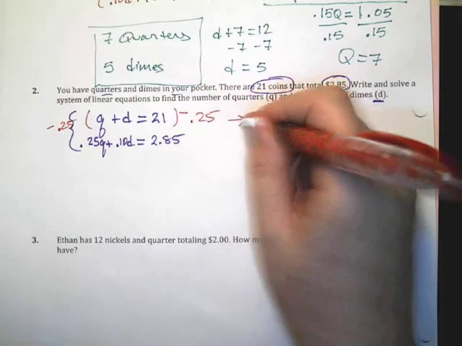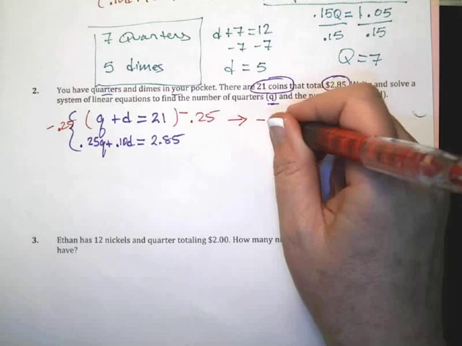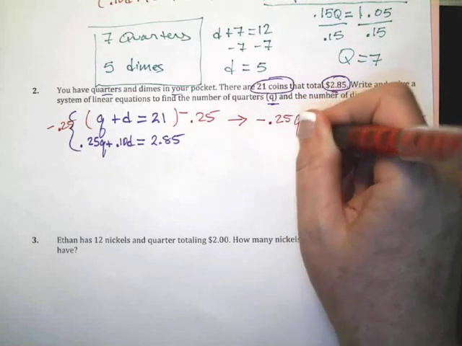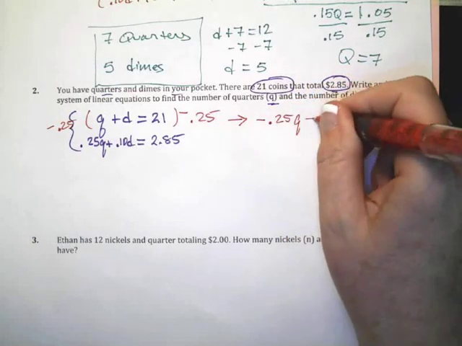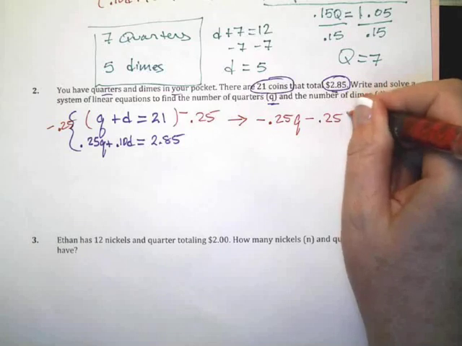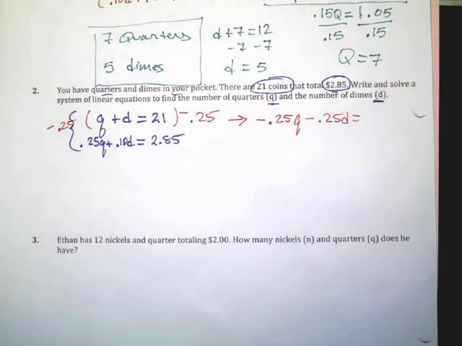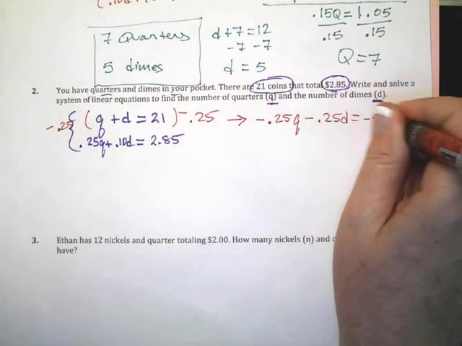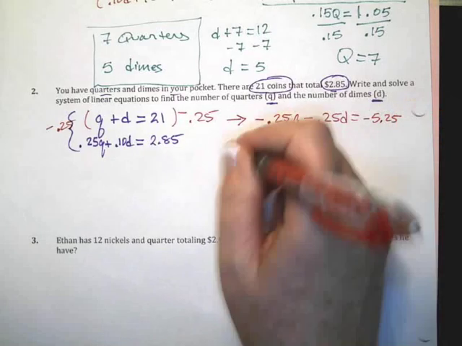So our new top equation is negative 0.25 Q minus 0.25 D, and we need to type in 21 times negative 0.25, and that gives us negative 5.25.